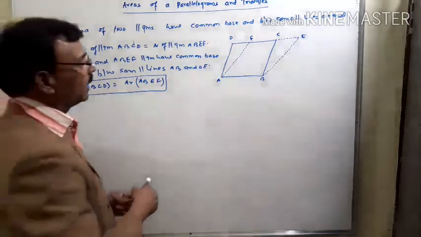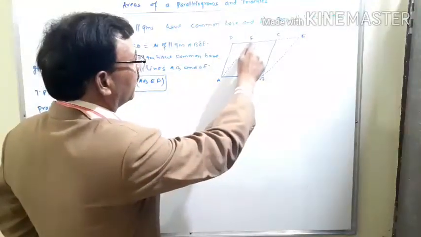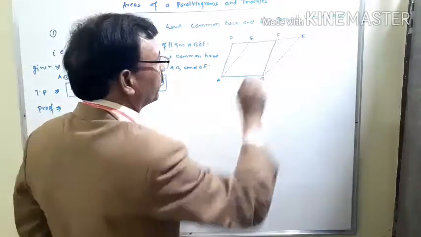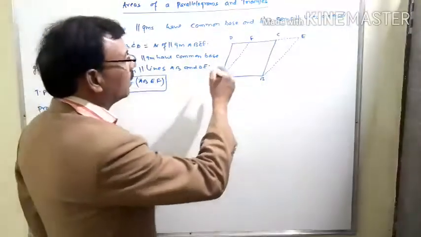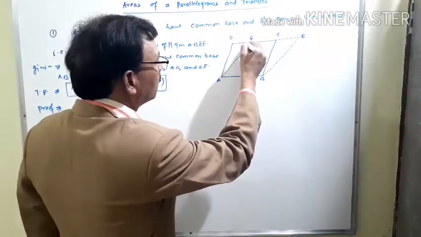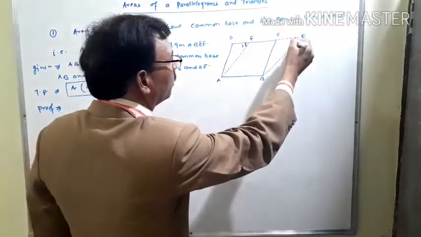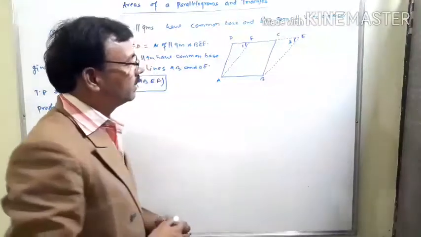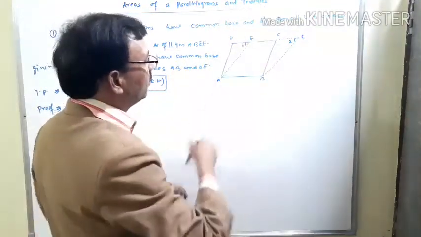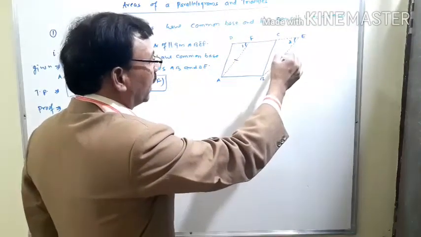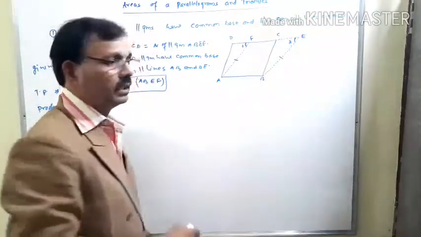First we take triangle ADF and triangle BCE. As you see here, angle 1 equals angle 2. Reason: if ABEF is a parallelogram, then AF is parallel to BE.